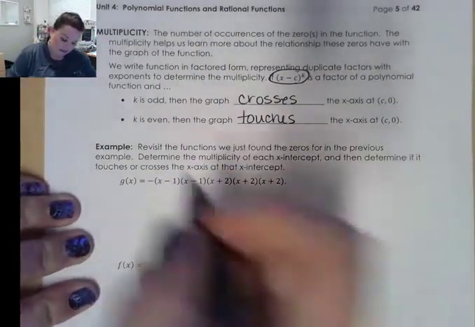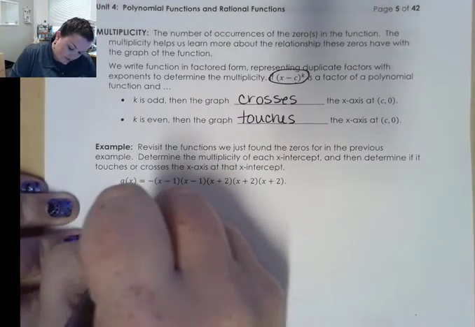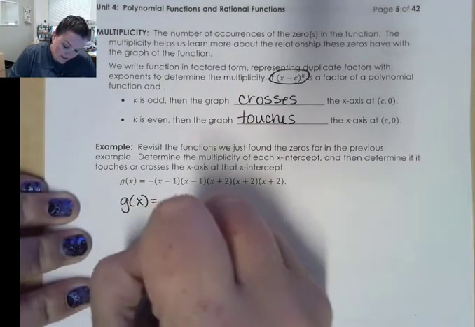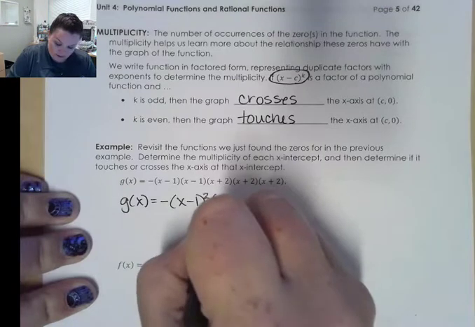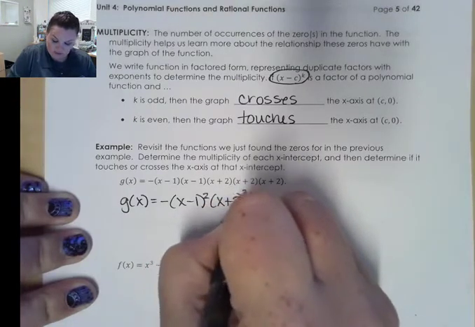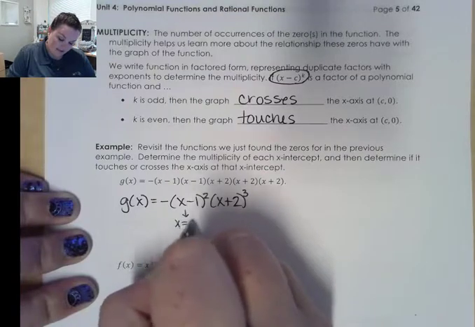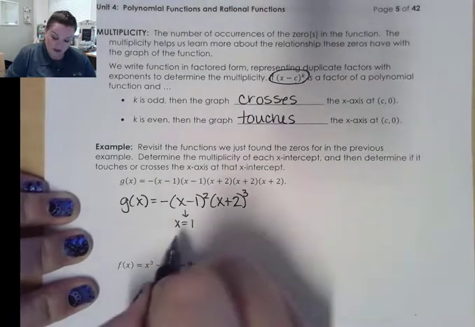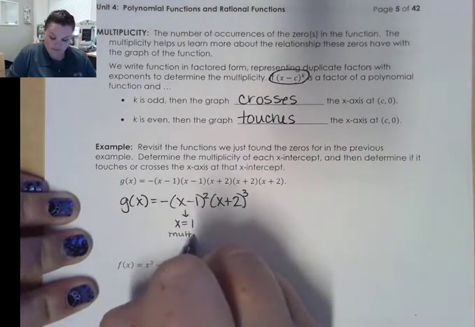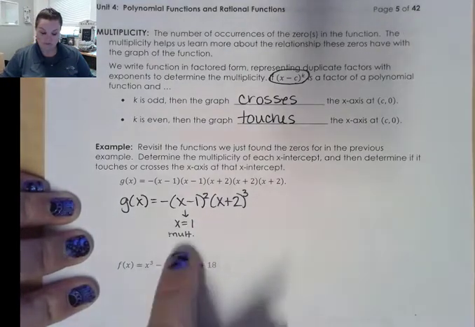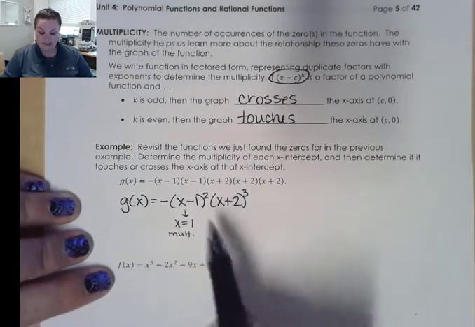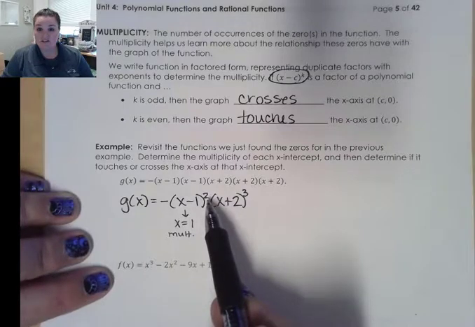So g of x, we said we could write this as negative x minus 1 squared times x plus 2 cubed, right? We knew that this one produced the x equals 1, 0. So now we want to identify what the multiplicity is. So the multiplicity here is how many copies of that factor that we got the 0 from do we have?